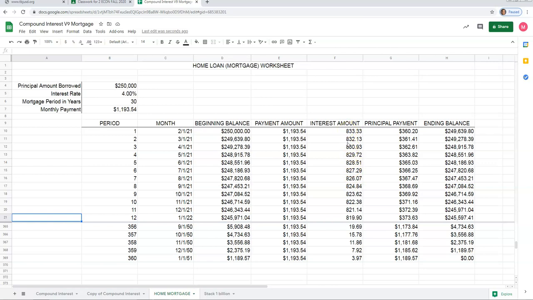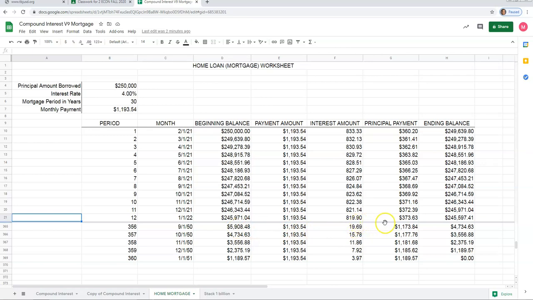But over time, the amount that you have to pay for the money decreases because you're using less of somebody else's money. And the amount that is actually going to paying off the loan is increasing. So by the time you get down to the last few years, very little of it is going to interest, because in payment 356, you're only borrowing $5,900 for 1 month, and so your interest is only about $20.